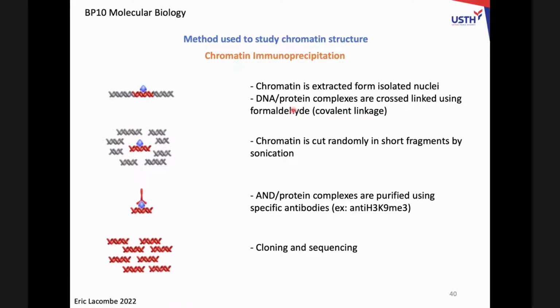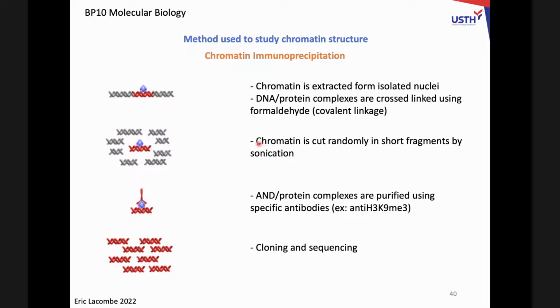For example, if you have a protein complex interacting only with weak, non-covalent links, if you treat with formaldehyde, you will form a covalent bridge between the partners. So when we fix the material with formaldehyde, you block completely all the interactions of all the partners in the complex. So first step, you extract the chromatin. Second step, you cross-link everything using formaldehyde.